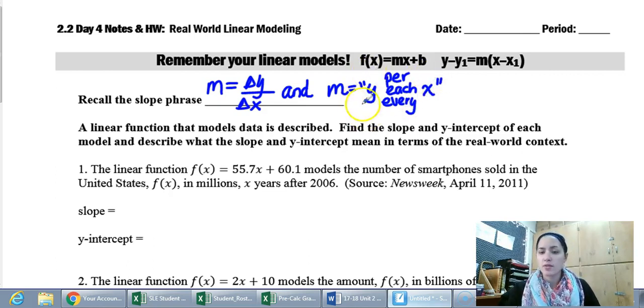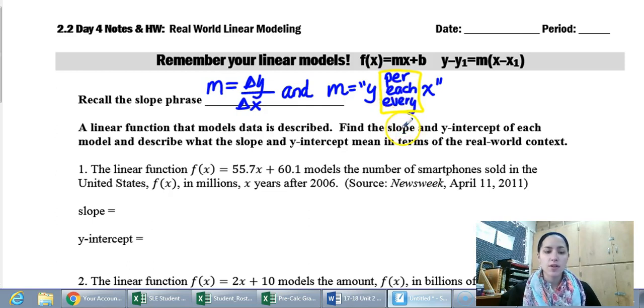So y per x, y each x. So per, each, or every were those three key vocab words that we looked for when we were reading to identify slope. So we have change in y divided by change in x. That really more ties to skills in graphing. When we're reading a real-world scenario, we want to look for those keywords per, each, and every.